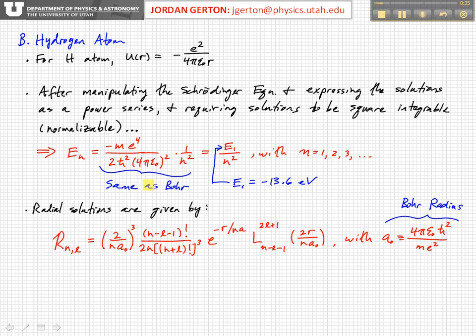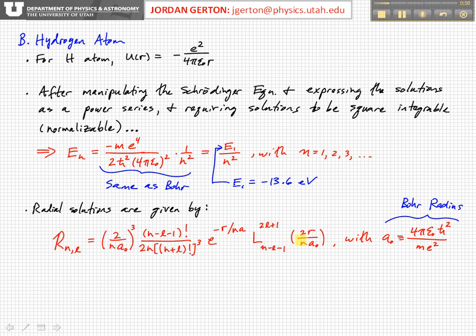And for each energy eigenvalue, we have an eigenfunction, a radial solution. Okay, these are R, and R depends on n and l. Okay, and this is the nasty form that the radial solution takes.